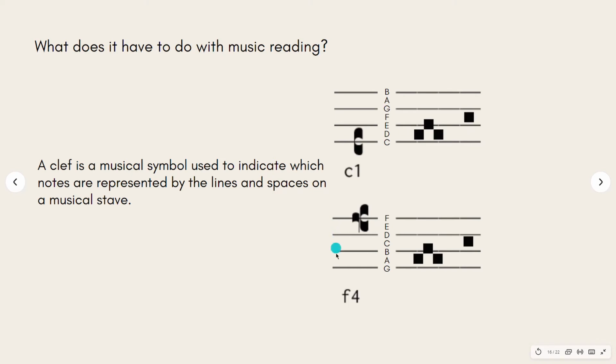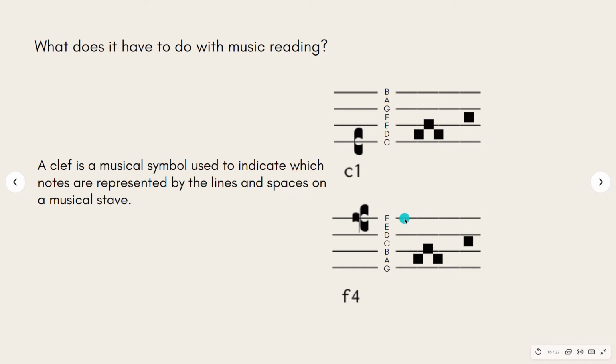Now, let's go to the F clef. Again, the F clef identifies the location of your Fa. So if this is the F clef, your Fa will be located on this line.